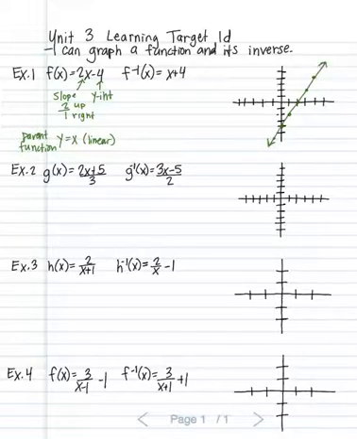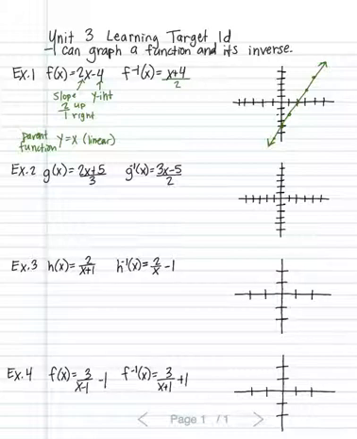F inverse, we've got x plus 4 over 2. Well, this one's not quite so obvious because it doesn't look exactly the same. A lot of people think, oh, there's a fraction, so it's rational. We'll look at rational in a little bit, but rational is only when you have x on the bottom.